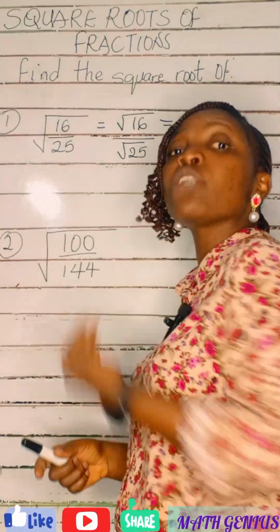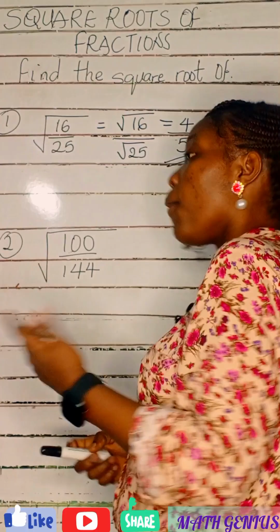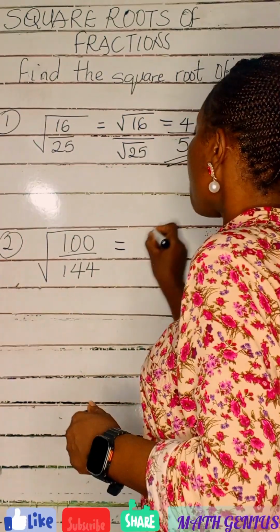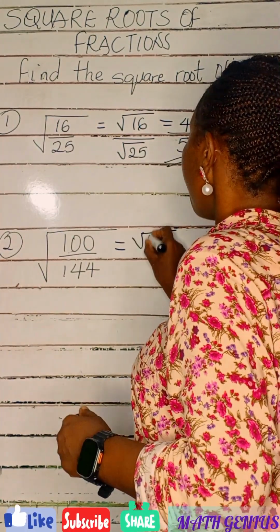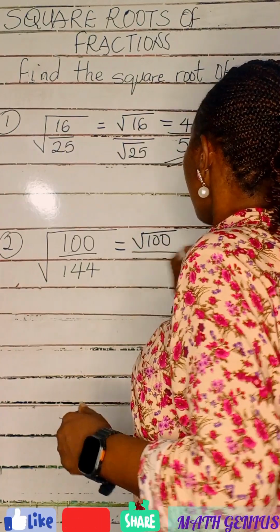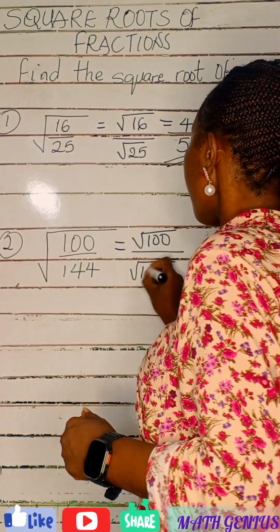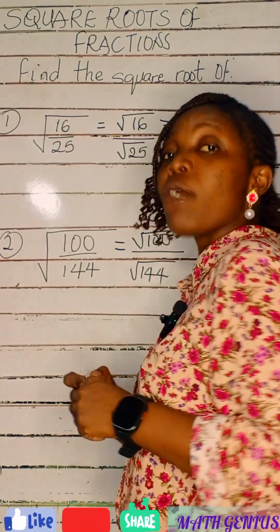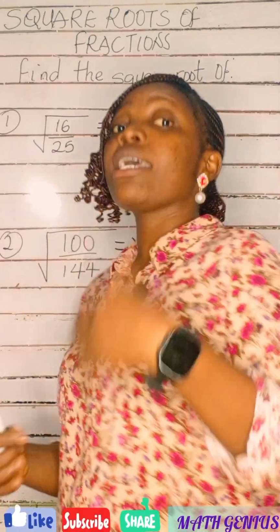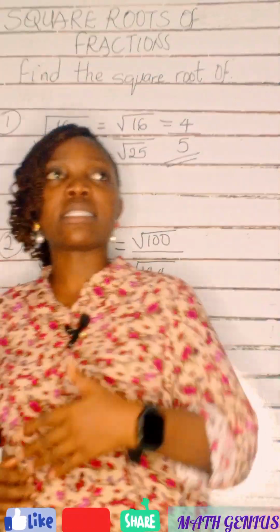Find the square root of 100 over 144. Now, the first thing you need to do is to split the numerator from the denominator. Now, the square root of 100. So, it's a long one, right? But then it can still be found.